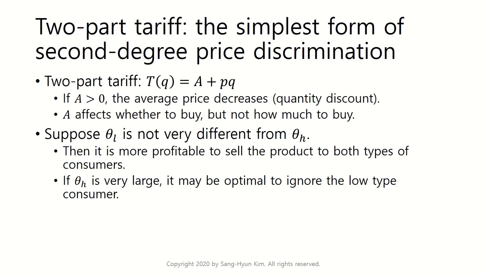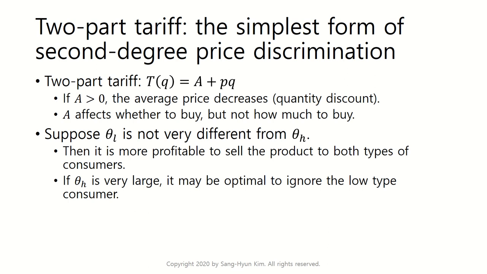So you can think of a linear tariff. A linear tariff means that the tariff, or the total payment, increases linearly. That will be the case if the unit price P is constant. But if there is no such unit price, then the tariff, or the total payment, can be nonlinear.